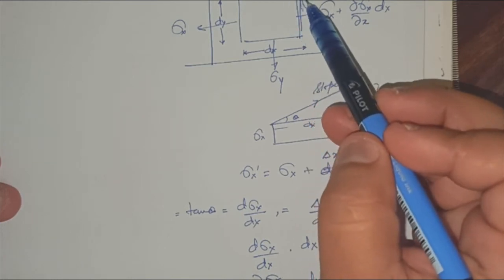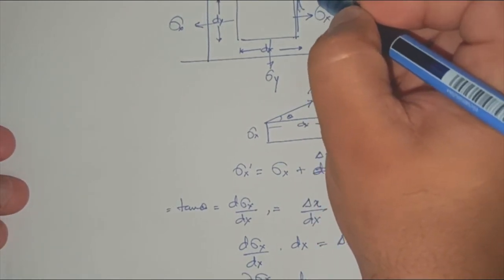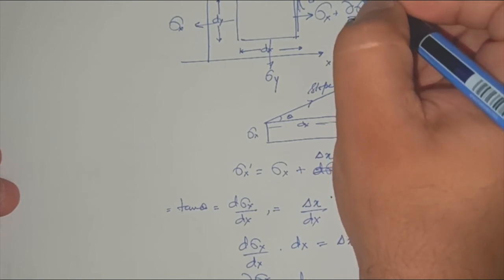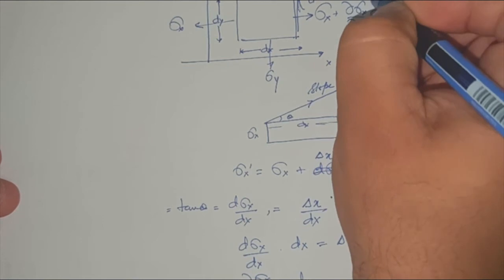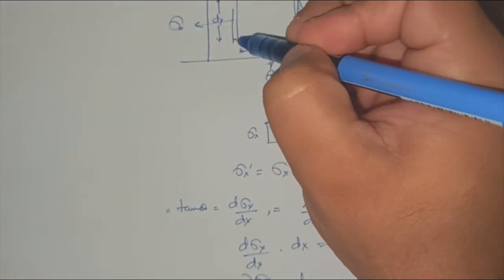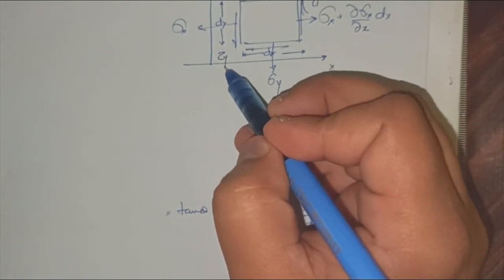That means they are symmetric, so there will be only one shear stress. I'll write here tau yx plus del tau yx by del y times dy. So there will be variation in the shear stress also. Correct? And this is tau yx.